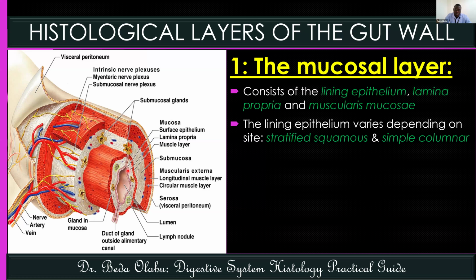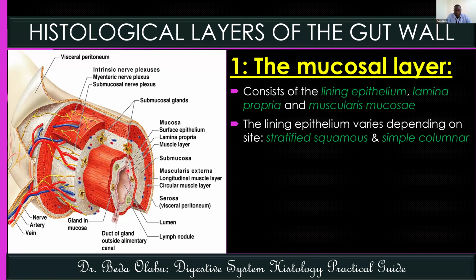The rest of the histology, and this means from the stomach all the way to the rectum, they're lined by simple columnar epithelium. And so this becomes a very important distinguishing parameter to orient yourself in whether you are on the GIT or not.